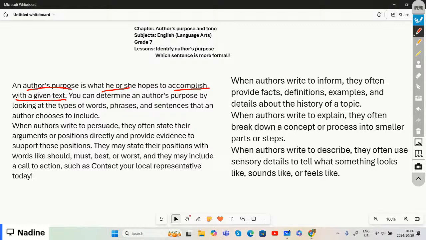And when authors write, they write to persuade. They want to persuade the reader.